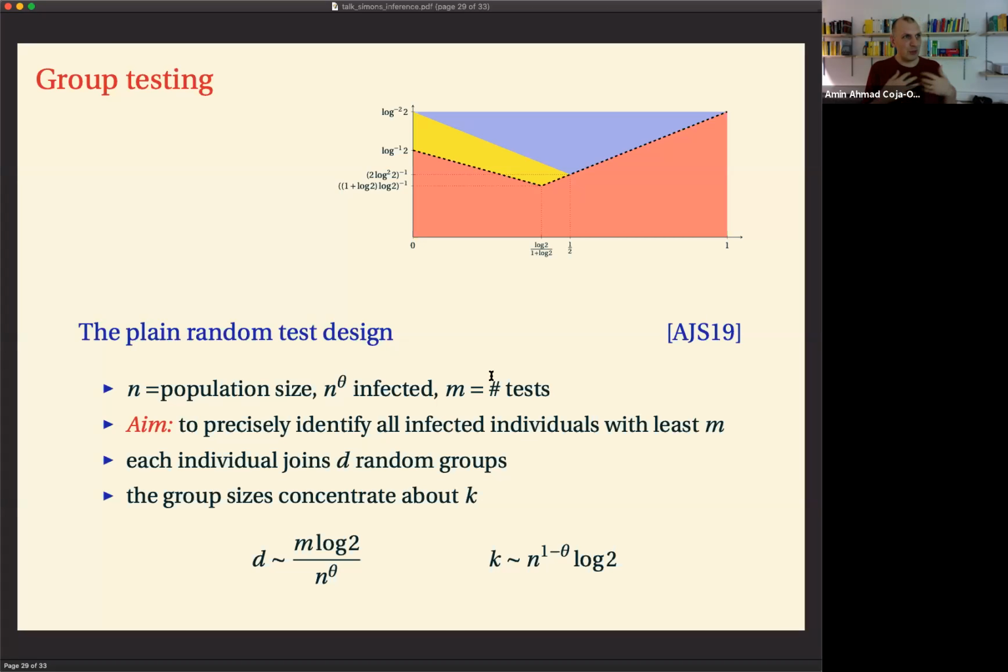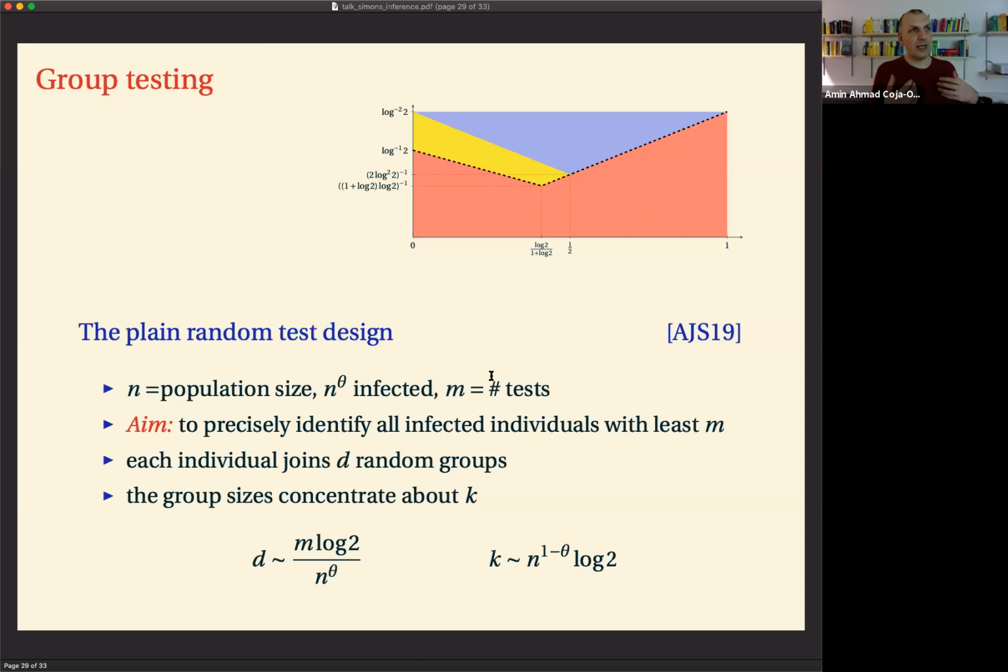So in the group testing problem, at least in the version that is commonly studied in the math literature, the situation is this: you have a population of size n, and within this population, a number of individuals, n to the theta, are infected with a disease, with a virus, if you like, for some exponent theta between 0 and 1. In this setup, mathematically the interesting case is when the number of infected individuals is sublinear in the population size.